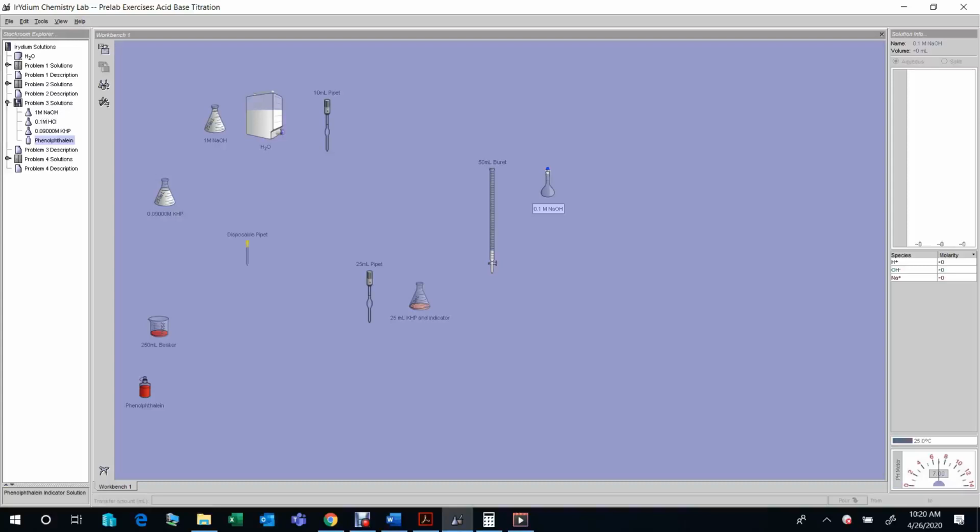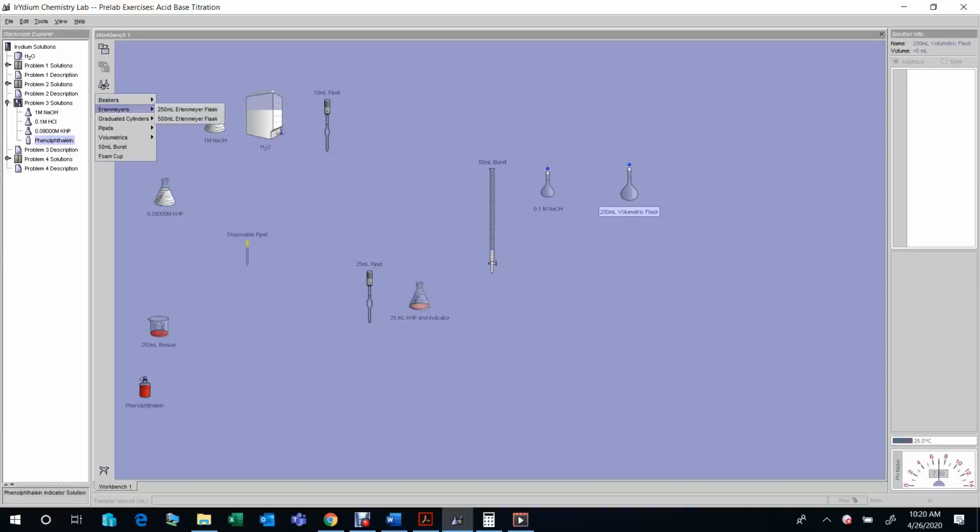Maybe at the beginning we should use a 250 milliliter volumetric flask and prepare more. So here we fill the sodium hydroxide solution, and then we can do the titration.